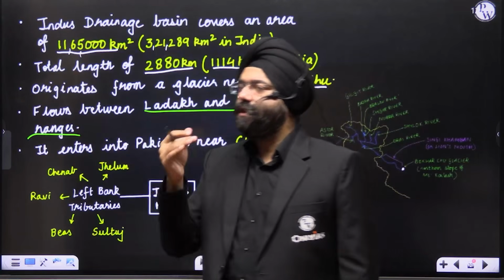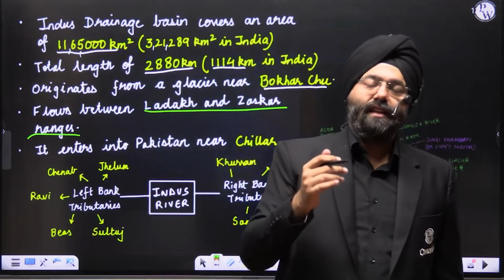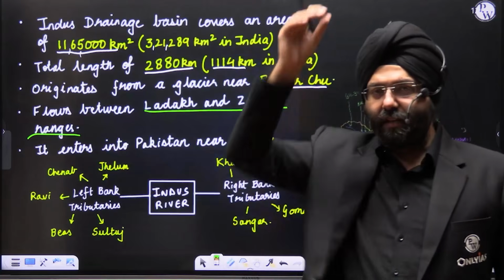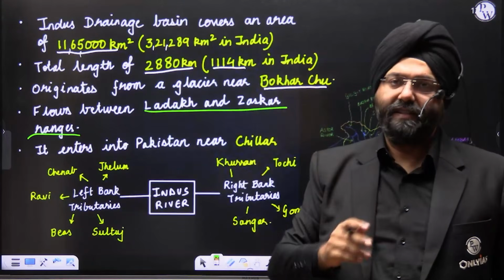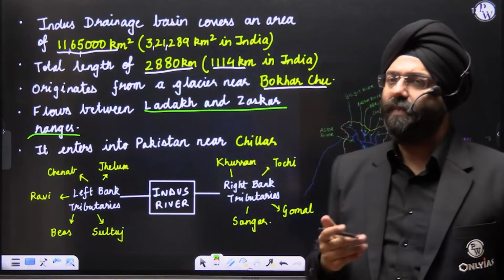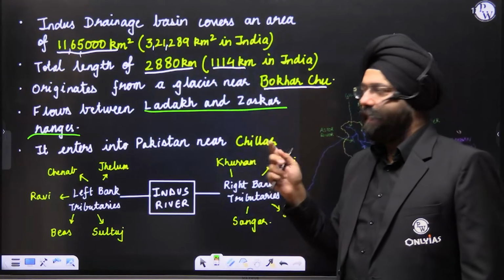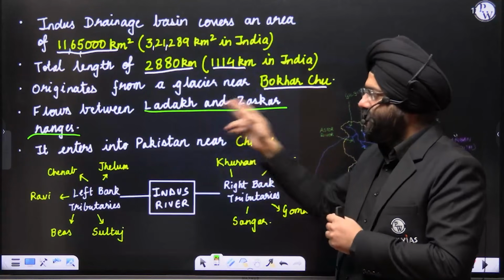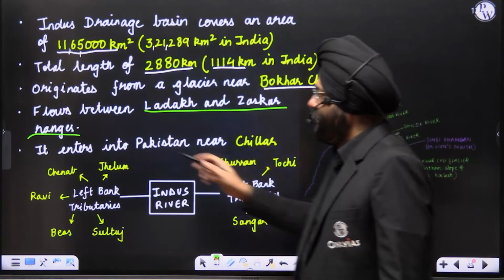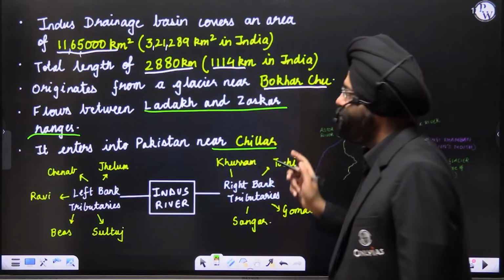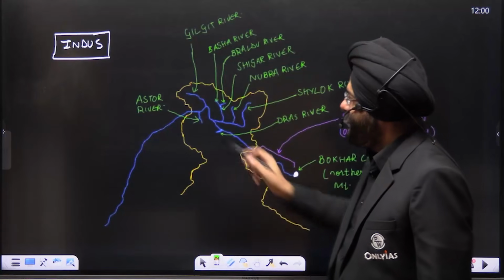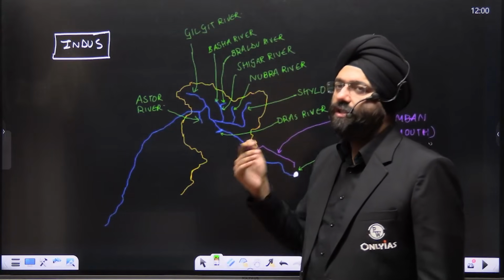They can ask you which particular river flows between the Ladakh and the Zaskar range, or while asking multiple statements, they can put one of these statements and change them with respect to Karakoram, Ladakh, all these things. So you should be very clear that it flows between the Ladakh and the Zaskar range. It enters into Pakistan near Chillad. So when it enters Pakistan, the area is known as Chillad.